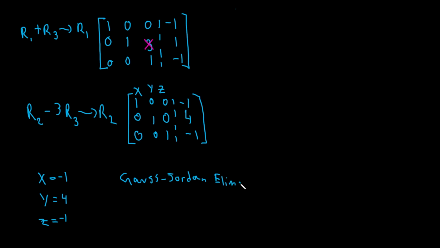And this is the form that we're going to use for the majority of the course from now on. It might be easier if you have to solve a matrix by hand to use Gaussian elimination, but here we use Gauss-Jordan elimination, and soon enough, you'll probably not even be needing to do this by hand. You'll be using a calculator, but it's crucial that you know the process, hence this entire unit.